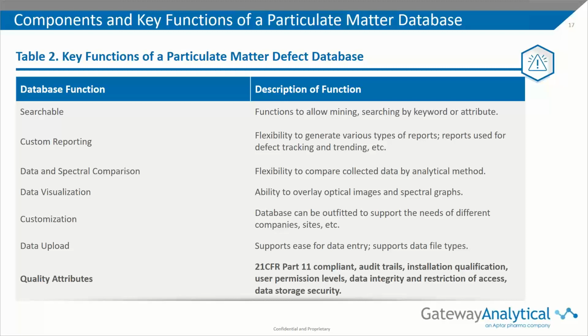Custom reporting: having the flexibility in how you want to see your data and what it's used for from a trending perspective. Data and spectral comparisons: we want to have that flexibility to pull multiple spectra in, overlay, be able to zoom in, those kinds of things. So we'll see that example within the database as well. Data visualization: we want to be able to put optical images in, maybe some sizing information, and put things in a side-by-side perspective so we can make some comparisons.